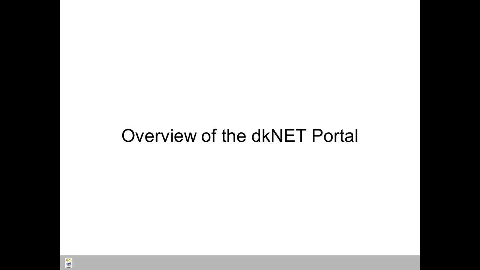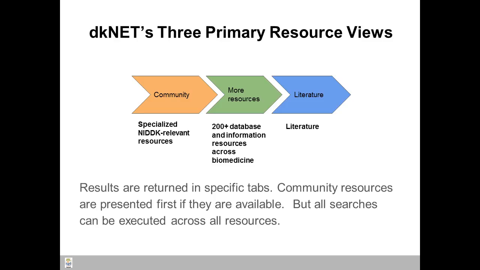So in terms of an overview of the structure of the portal itself, there are three primary resource views. The first one is a community-based view. So these are information and data resources that are relevant to NIDDK that someone can search through. There's then a collection of more resources.